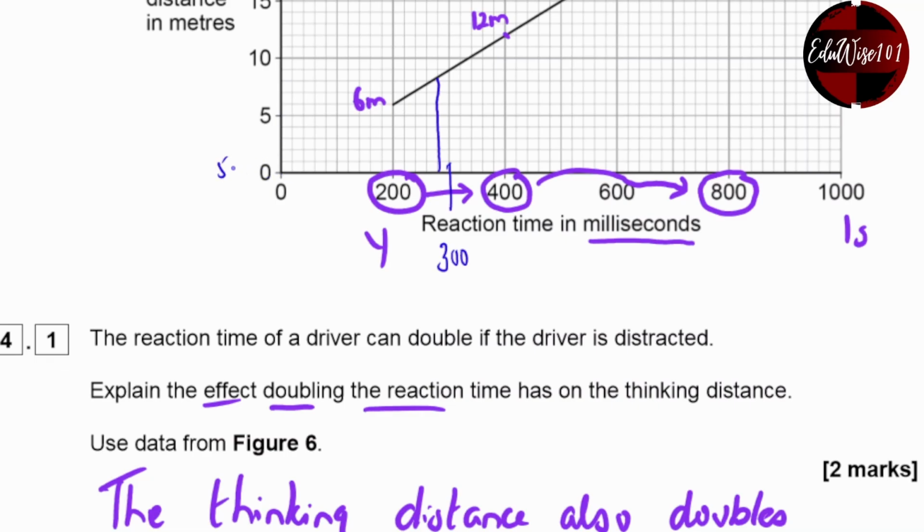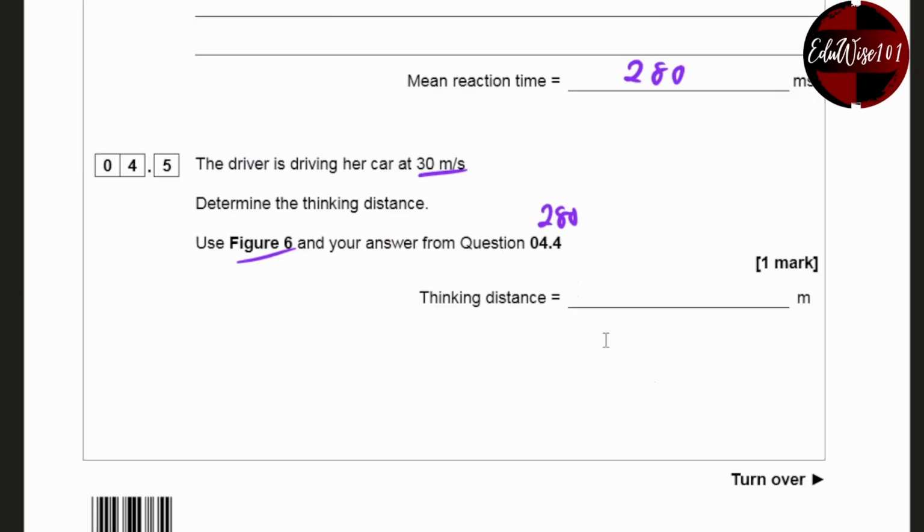So 5 divided by 5 is 1. Each box is 1. So that's slightly there. So you can say it's about 8.5. So the thinking distance is about 8.5 meters.